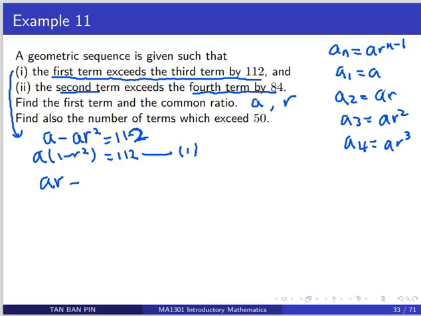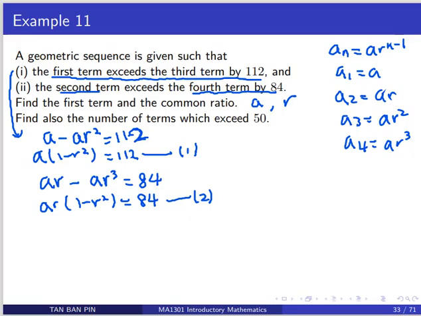Then minus the fourth term, ar cubed, it gives you 84. And you can take out ar as a common factor. Then it gives you ar(1 - r squared) is 84. So we can call this equation 2.